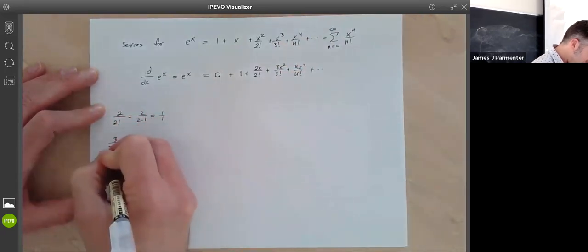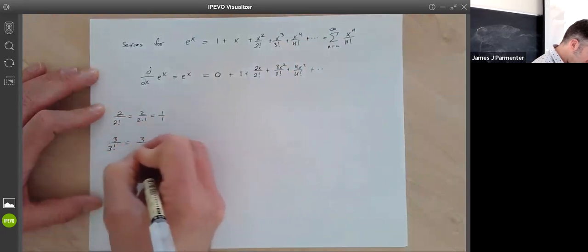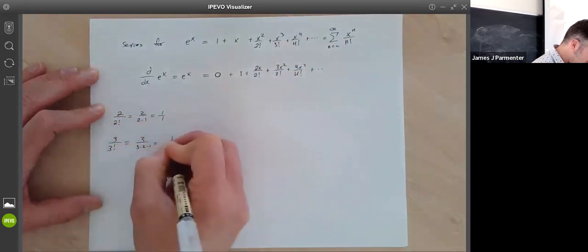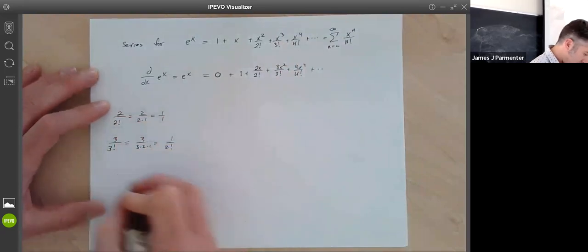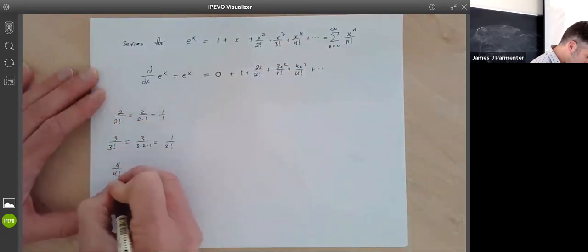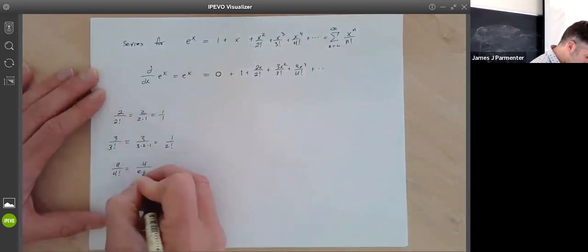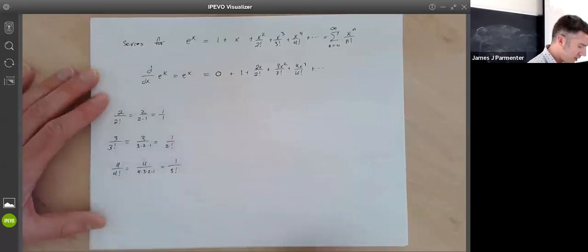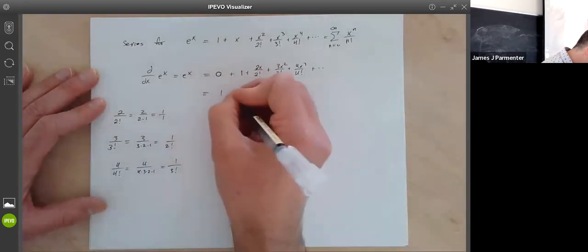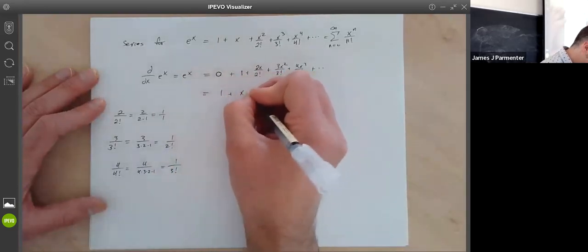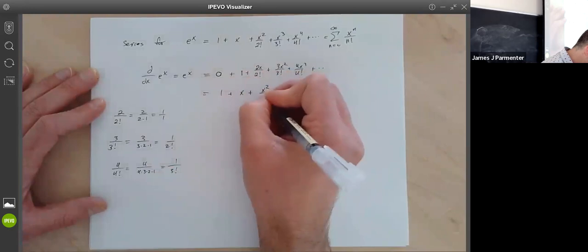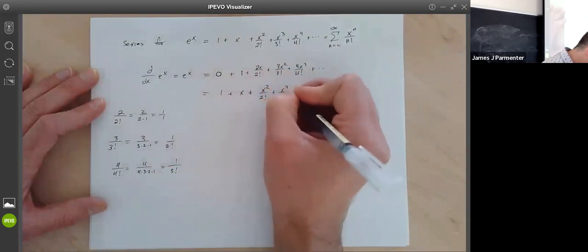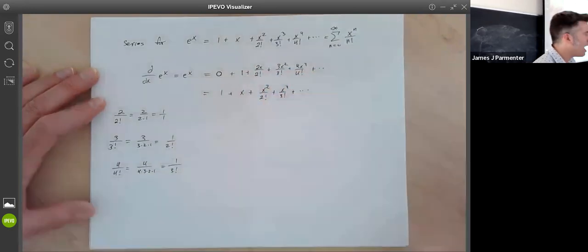And what's 3 over 3 factorial? Well, that's 3 over 3 times 2 times 1, which is just 1 over 2 factorial. And 4 over 4 factorial is really 4 over 4 times 3 times 2 times 1, which is just 1 over 3 factorial. So look what we get: 1 plus x plus x squared over 2 factorial, and so on. Oh, look, it's the same thing we just had.